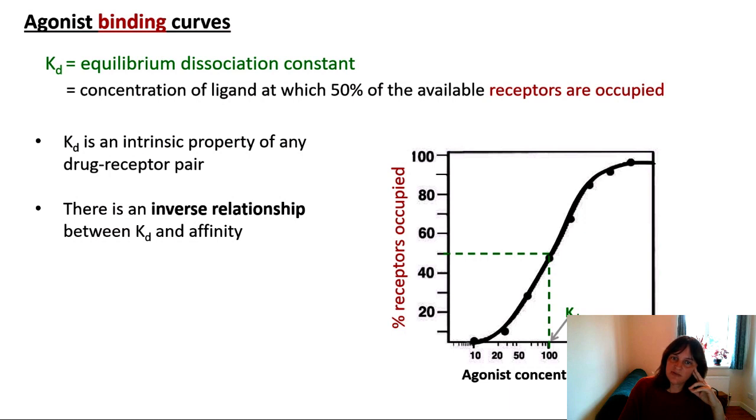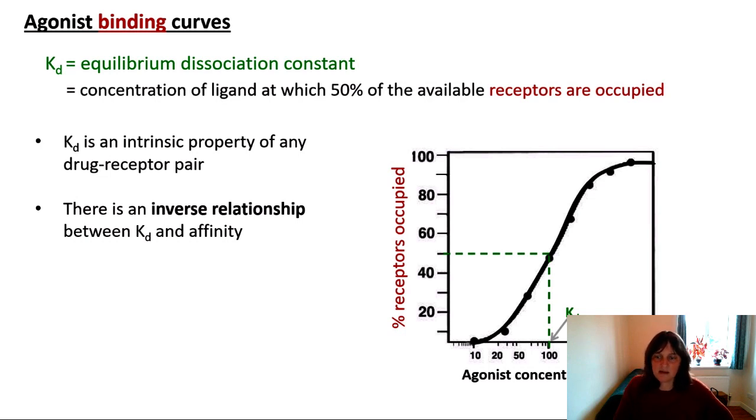But if we just look at this graph here, you can see we can measure from these agonist binding curves the KD value. So on the y-axis, we've got the percentage of receptors occupied. And if we read the concentration of ligand at which 50% of the receptors are occupied, from the graph, we can go across from 50, if you follow this dotted green line, until it hits the curve.